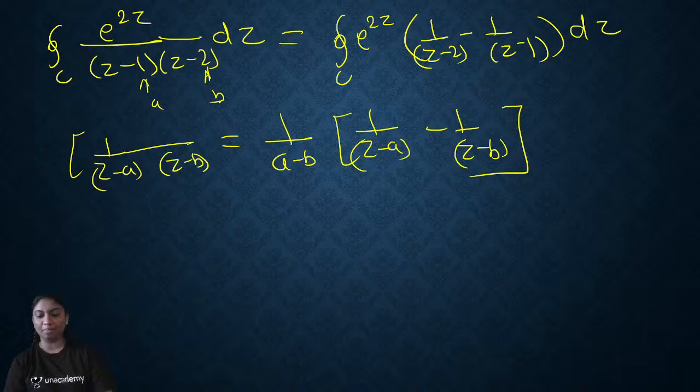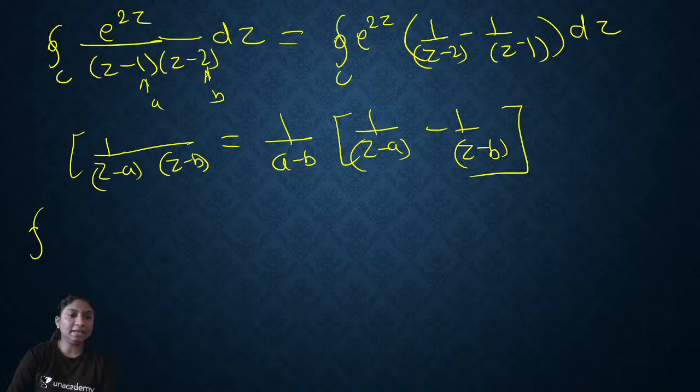So we use 1 upon (a minus b) into [1 upon (z minus a) minus 1 upon (z minus b)]. Here a minus b is 1 minus 2, that is minus 1, so the minus sign is absorbed. You are getting this.